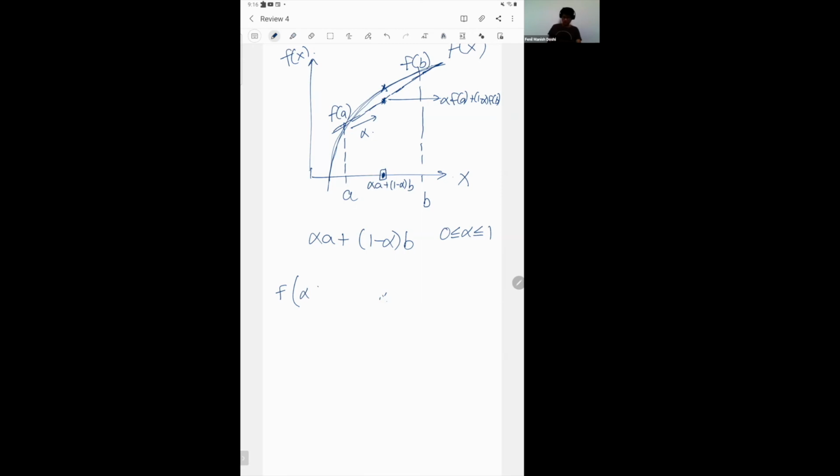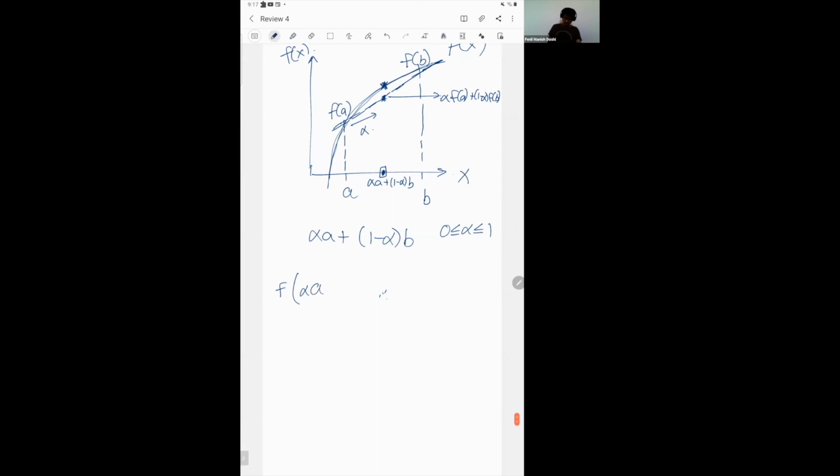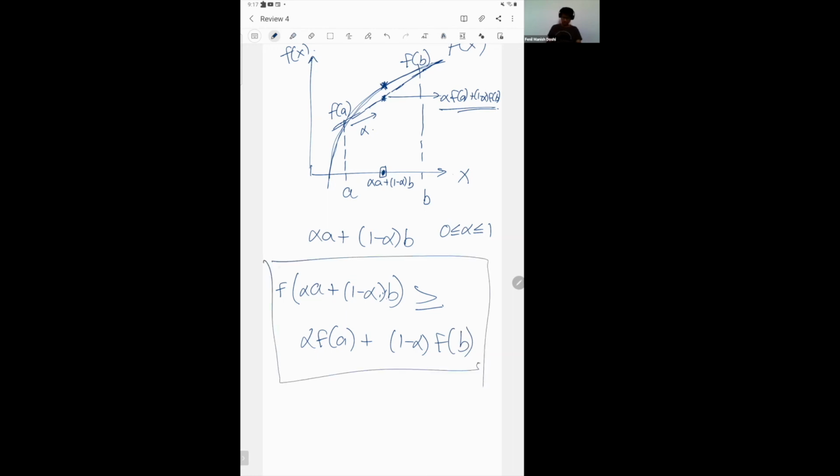The value of the function at this point is this, and it's always greater than or equal to the value on the line connecting the two points.